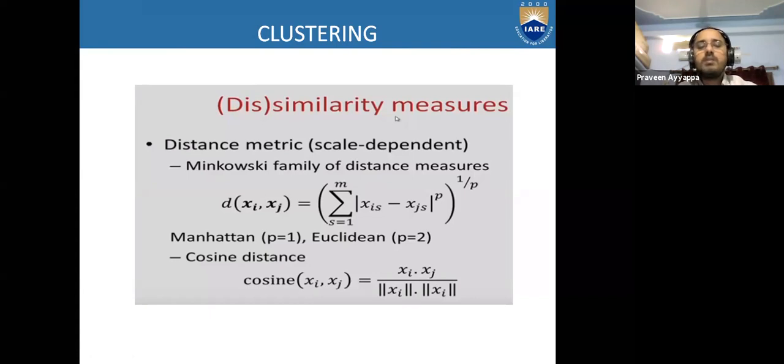Here, if p is 1, it is called the Manhattan distance, and if p is equal to 2, it is called the Euclidean distance.